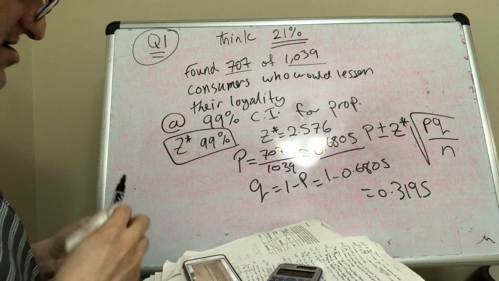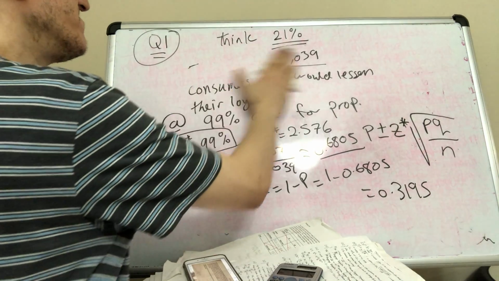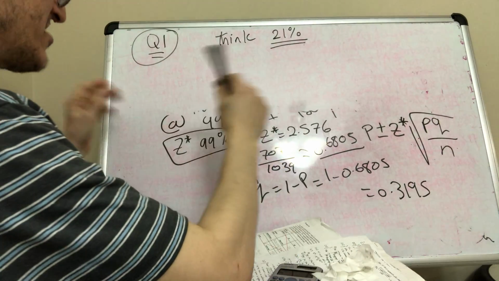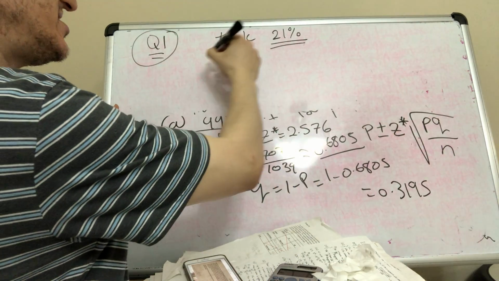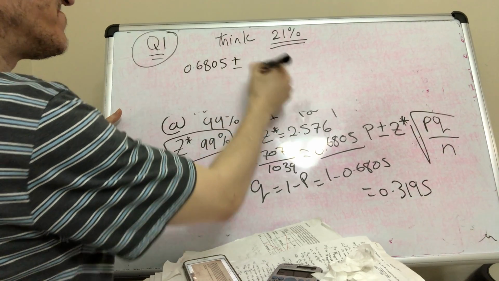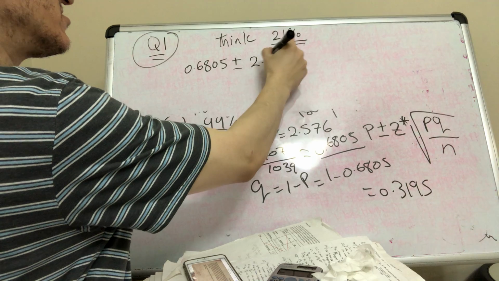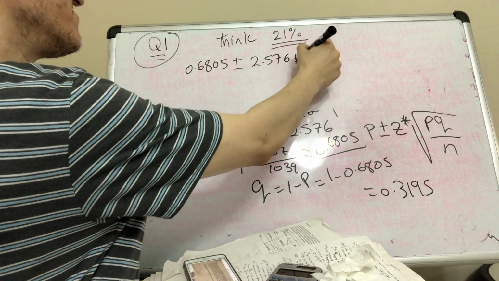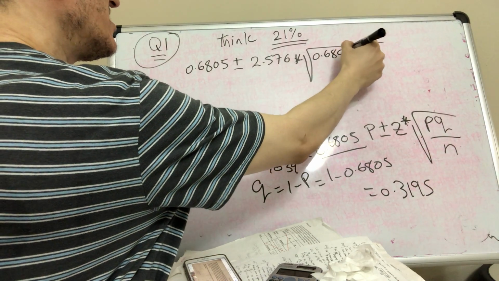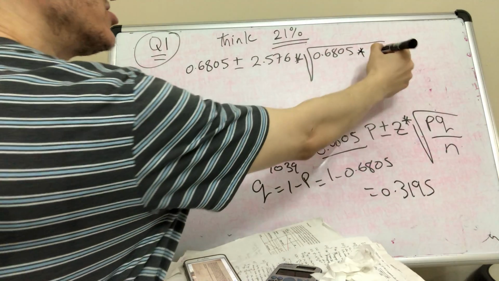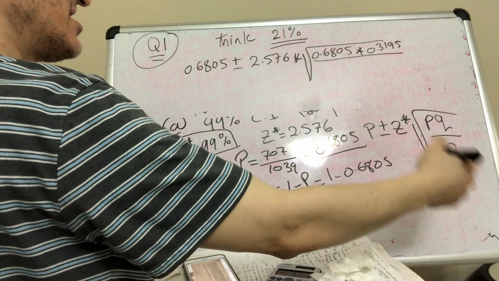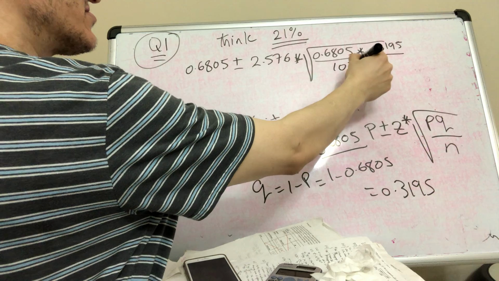We put everything in the confidence interval. So P is 0.6805, the Z star is 2.576, P 0.6805 times Q 0.3195, and the sample size in the question, 1,039.